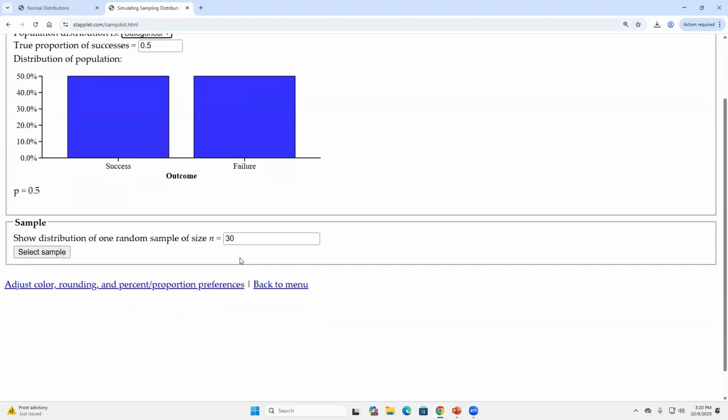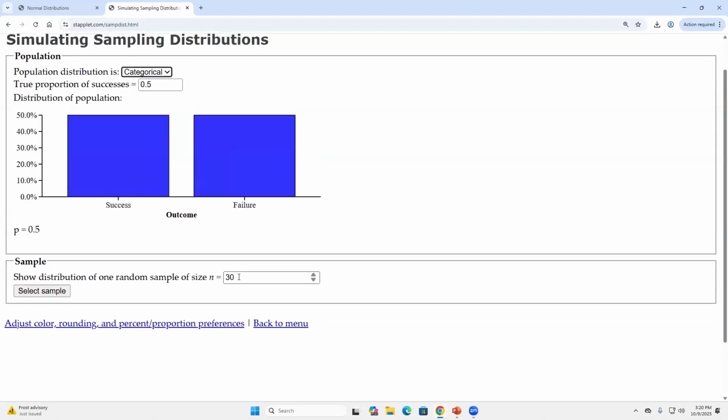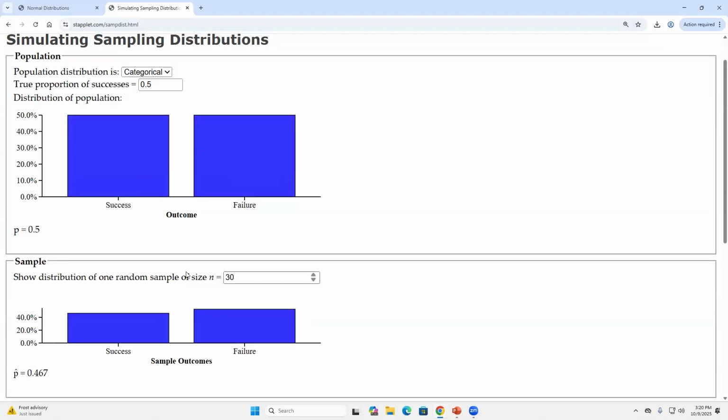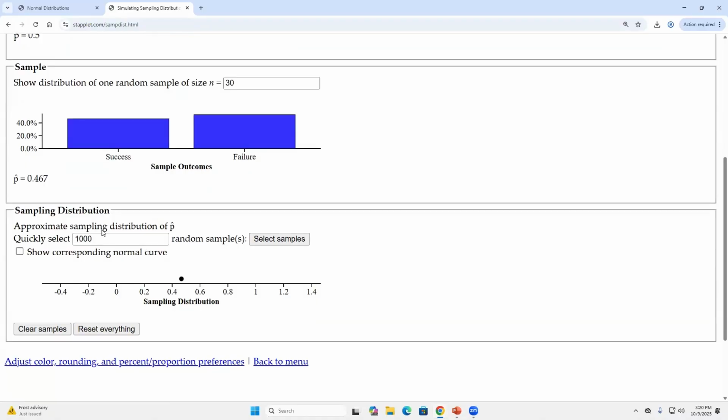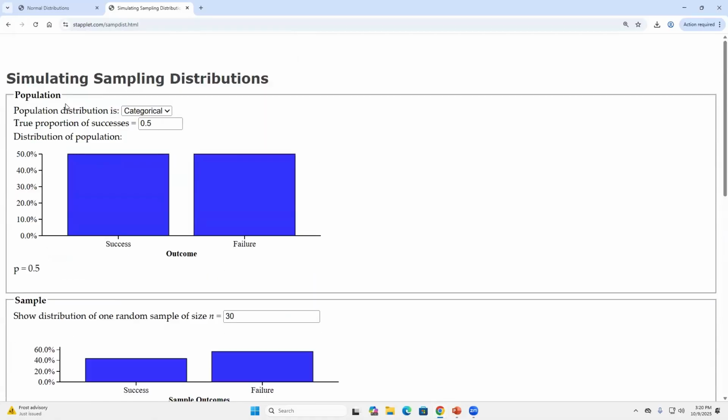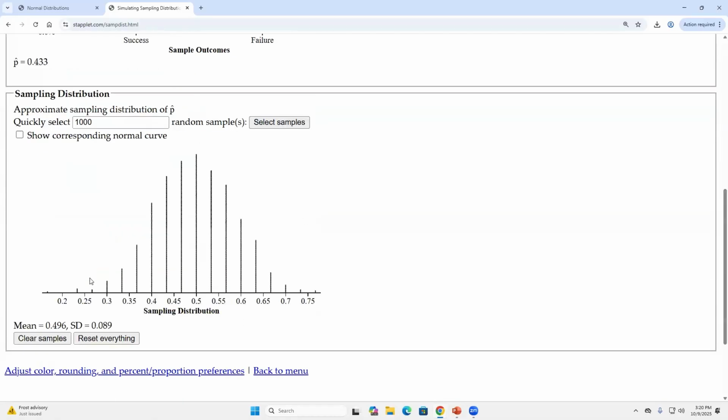You can even use it with categorical data, because as long as you select 30 people from this population where success is equal in chance to failure, for example, if we select that sample and then we generate the sampling distribution, even with something that is categorical, where it's either or, this sampling distribution is looking like a normal curve.